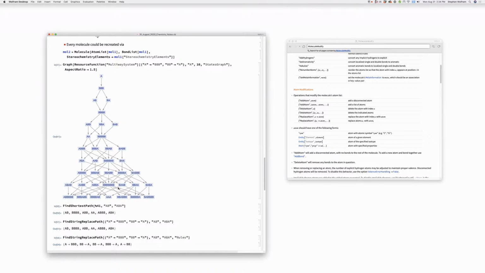Go ahead. After all this, the next step is to look at a chemical reaction as a data structure where you have a full atom mapping between reactants and products.